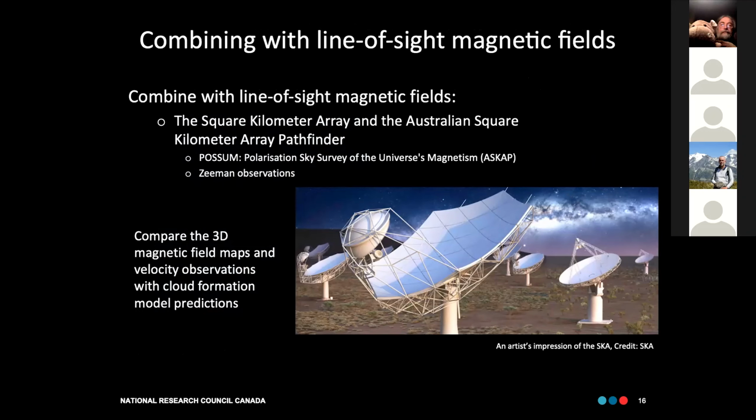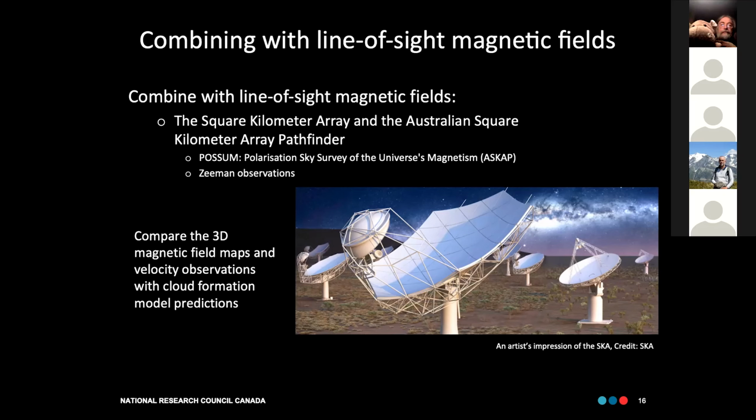For example, the POSSUM survey with ASKAP has promised a rotation measure source density of 25 to 30 sources per square degree, which is significantly higher than previous rotation measure catalogs.